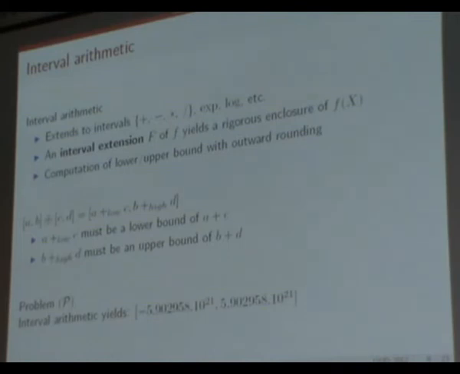Here's an example of the interval addition. The lower bound of the image has to be a lower bound of A plus C, and the upper bound of the image, B plus D, has to be an upper bound of B plus D, so as to yield a rigorous enclosure and to guarantee conservativity in the computation.